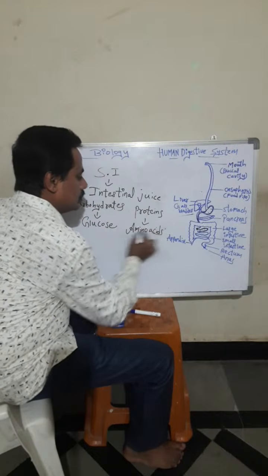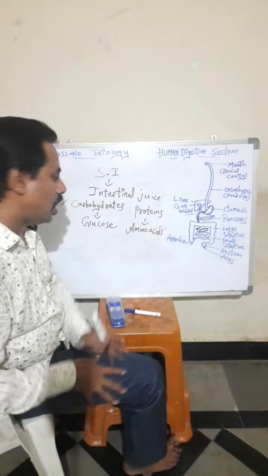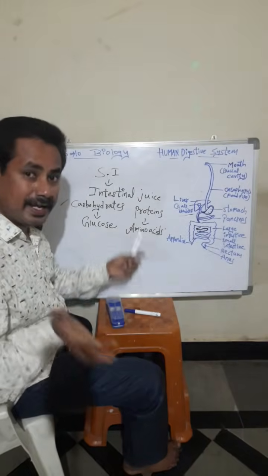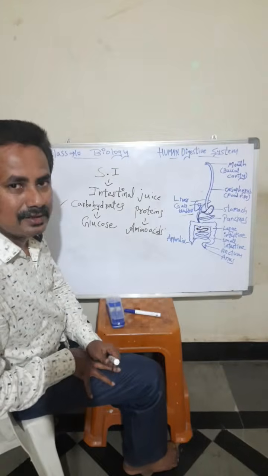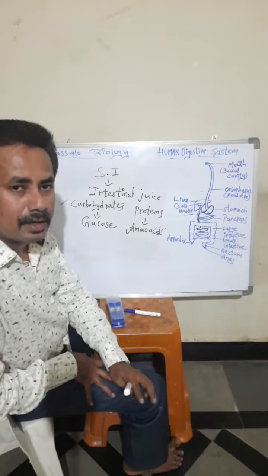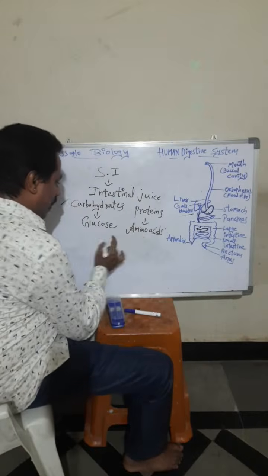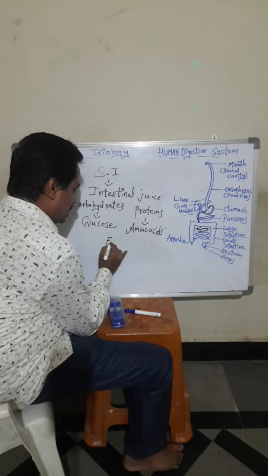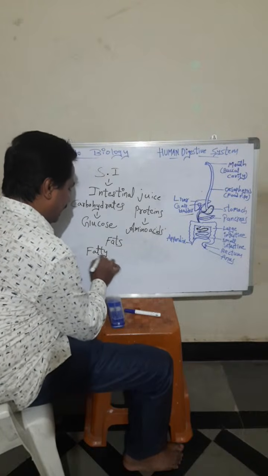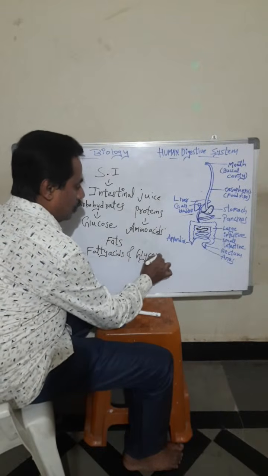Amino acids are the building units of long-chain protein. Amino acids are very essential. About 20 amino acids are discovered by scientists. Finally, the fats are converted into fatty acids and glycerol.